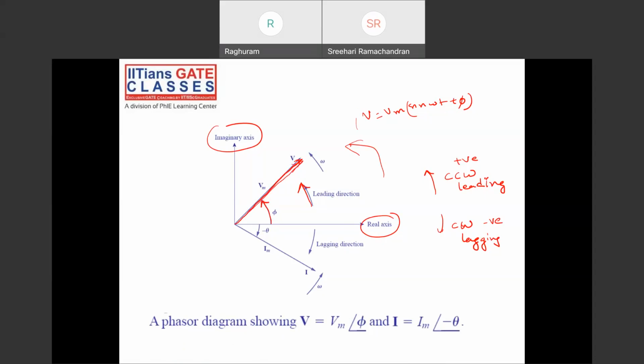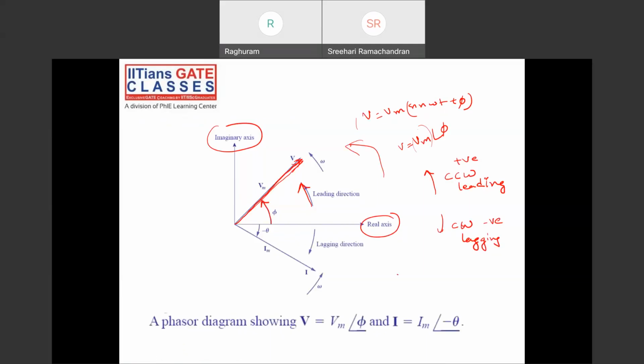This is leading. So you can directly write V is equal to Vm at an angle phi. Generally you'll write the RMS values, but for this case, I will be taking the maximum value or the peak value, Vm at an angle phi.